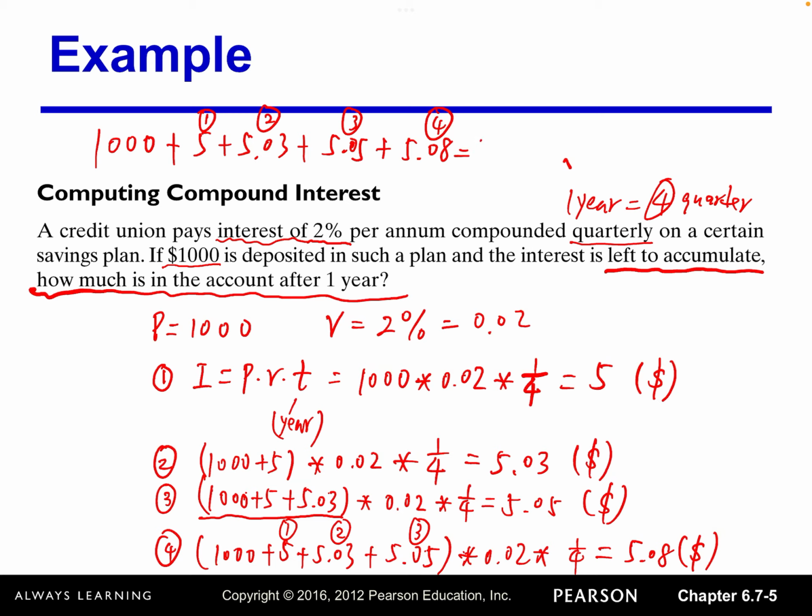That will give us the account balance, which is $1,020.16. So this is the answer we're looking for. That's how we compute the account balance after interest compounding quarterly.